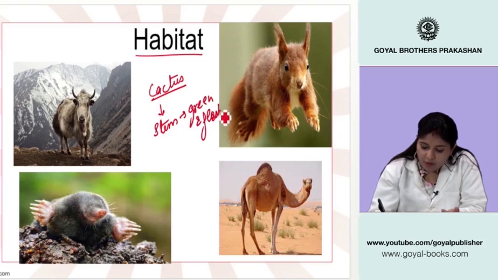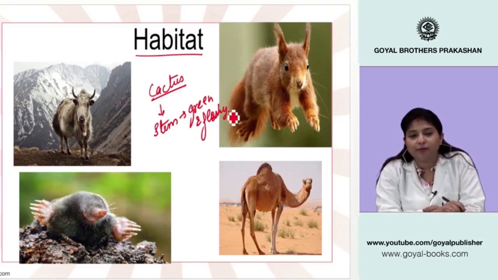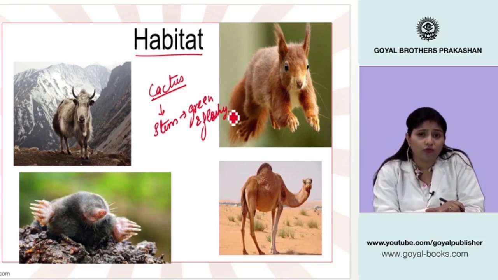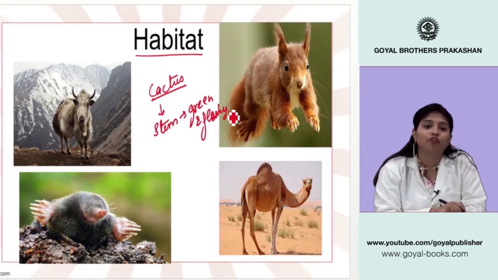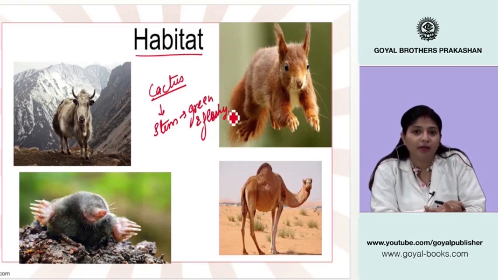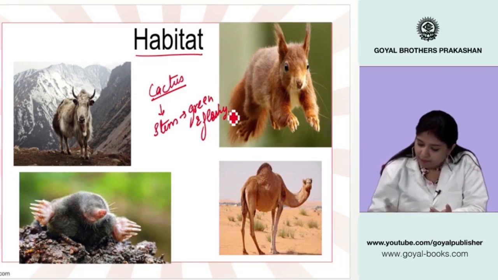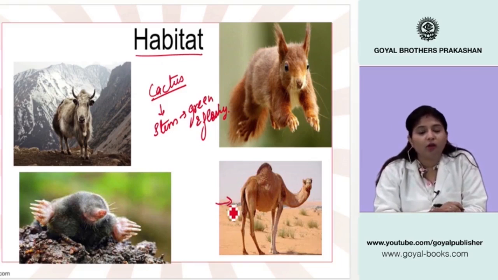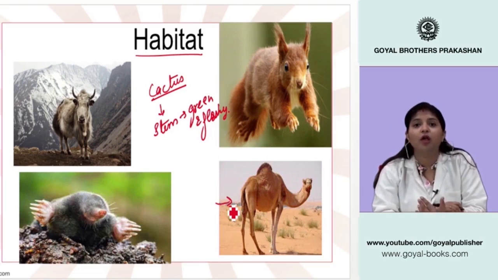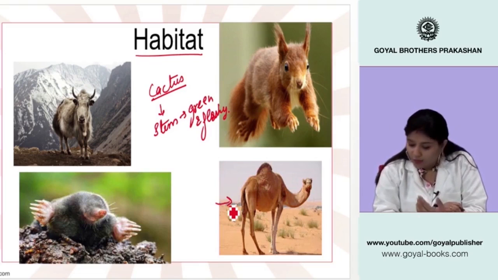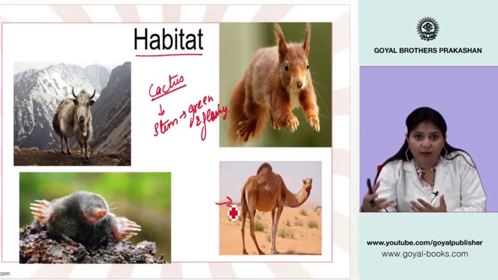It can perform photosynthesis, and it stores water, and the cactus has adapted itself according to the dry and hot environment it is found in. Similarly, the camel can also survive in the desert because of its ability to go without water for more than 10 days, right? So it has the ability to stay in such a dry and hot environment.